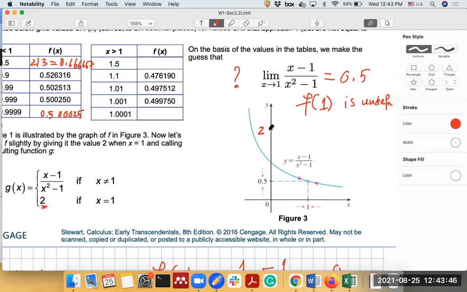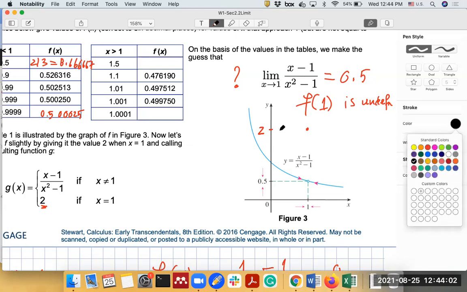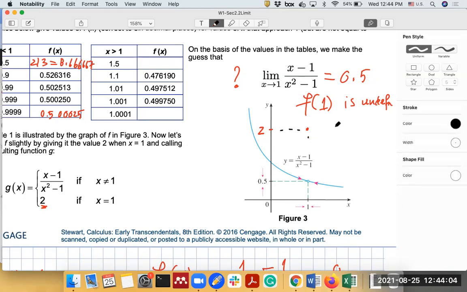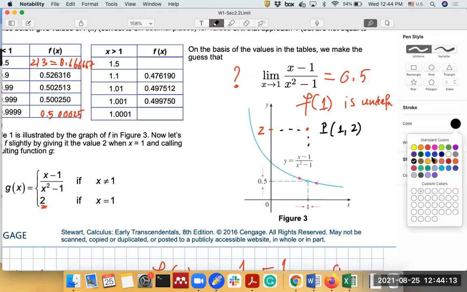Then from the y-axis, find the value 2, and in the horizontal line, the intersection between these two imaginary lines should be this point, right? And here is the point, let us call it P, at (1, 2), right? And here, this red line, the solid line, belongs to the graph of the g function.